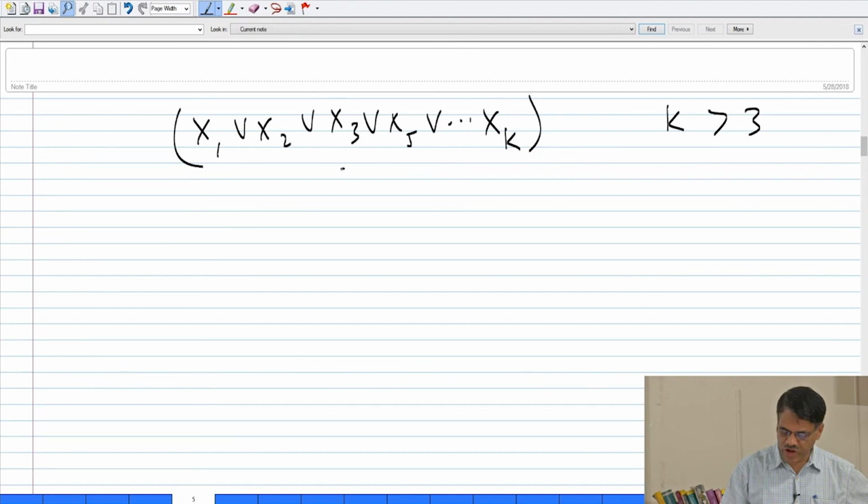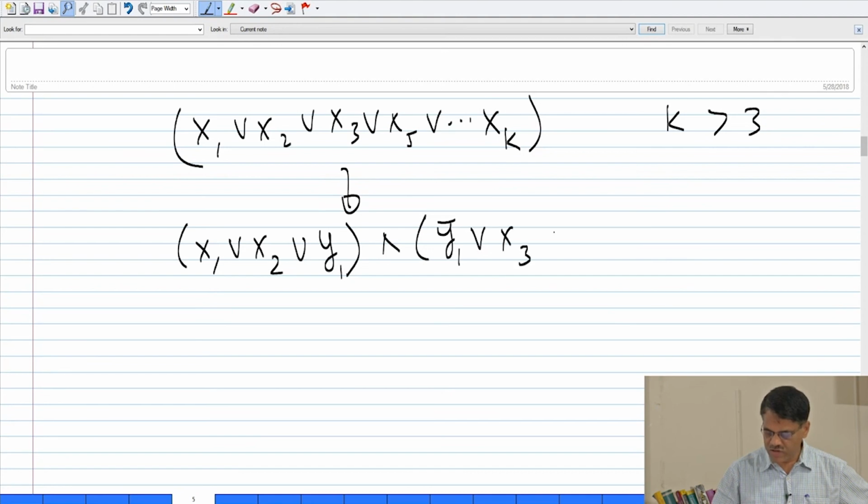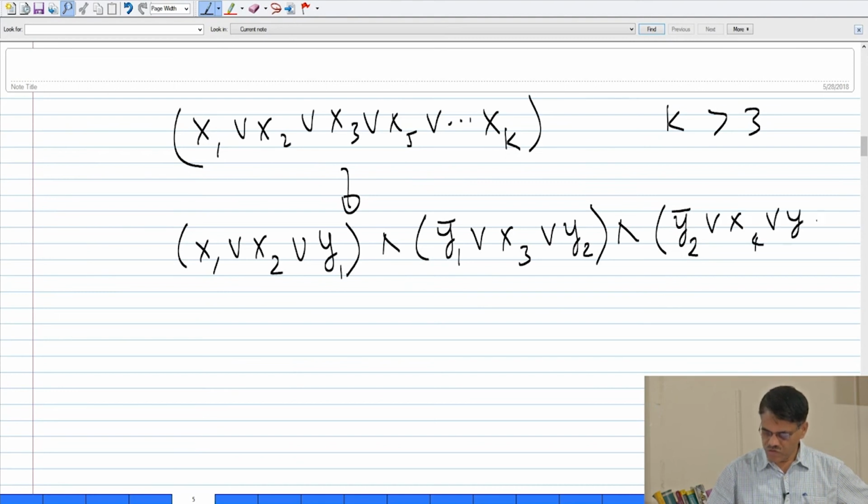The way I am going to do it for every such clause: x1 or x2, and I am going to introduce a new variable y1, and this is all conjunction, y1 bar or x3 or y2, and x4 or y3, and dot dot dot.